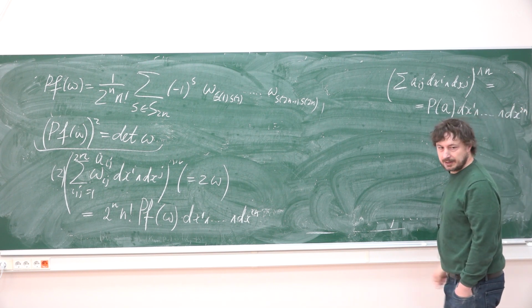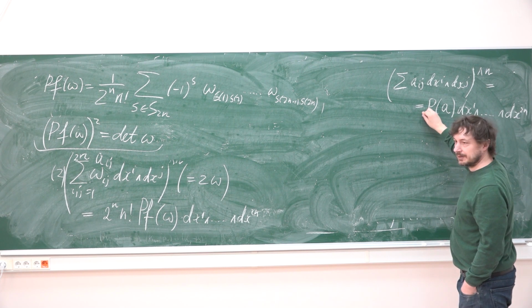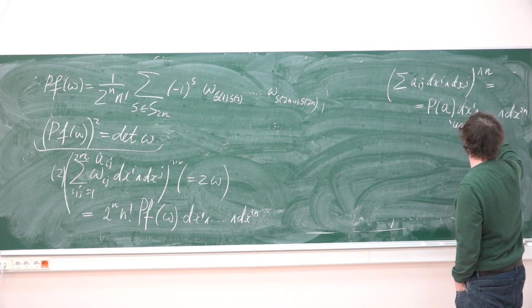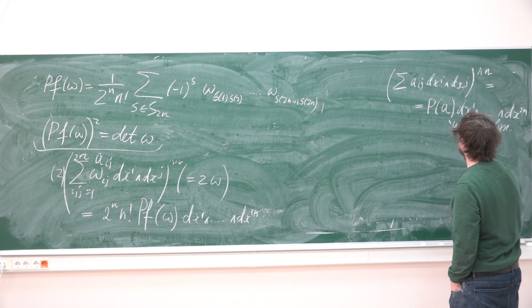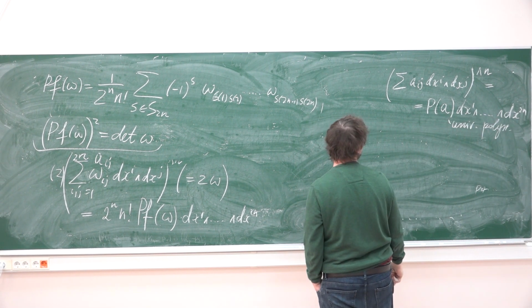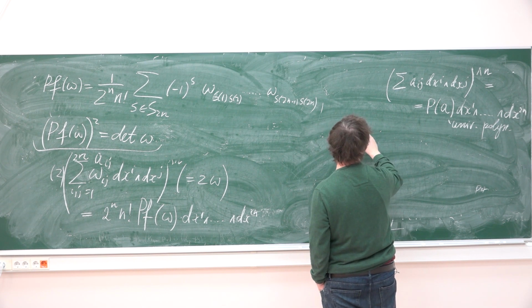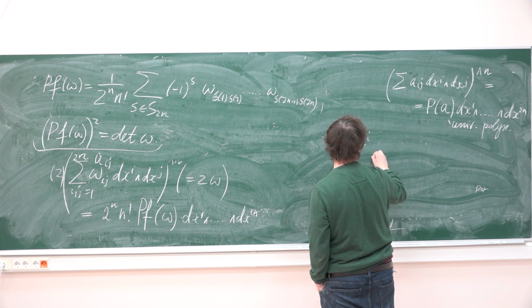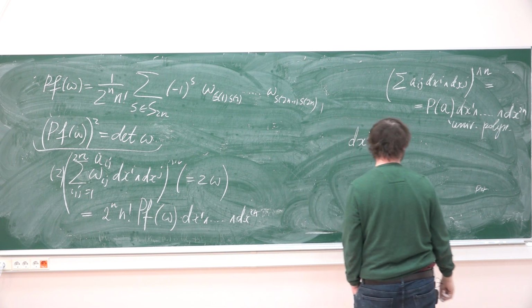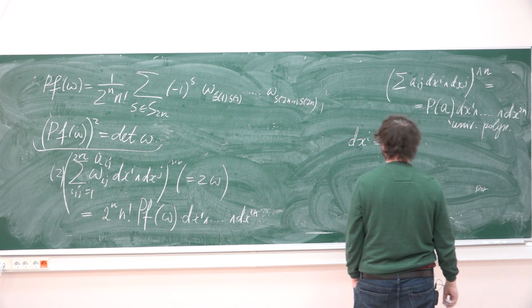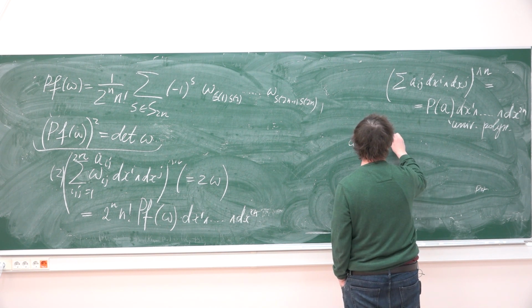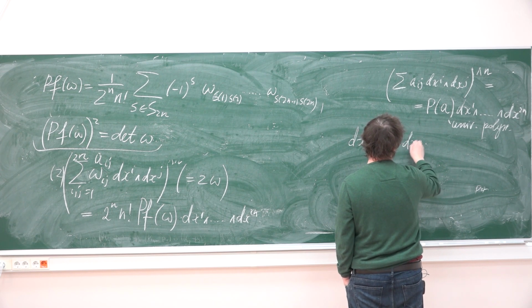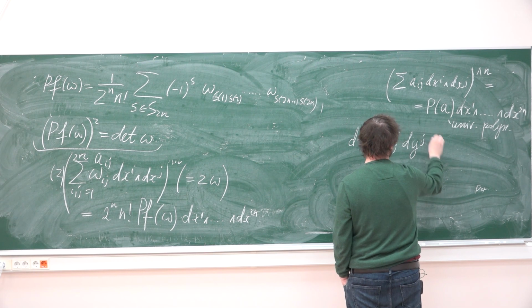That's evident, right? And this polynomial is universal. Then you take the coordinates change: dxi equal to some matrix Cij dyj, right?